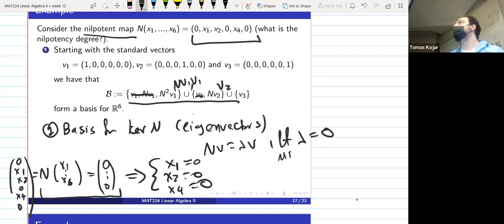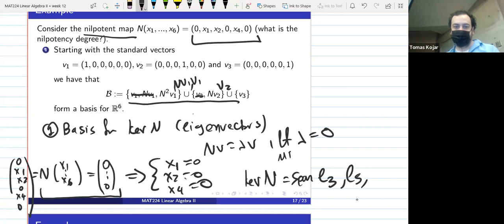So the basis for the kernel of N would be given by the span of the remaining ones. So x3 survived. Let me just say E3, okay? E3 survived, E5 survived, and who else? E6. So this guy survived.